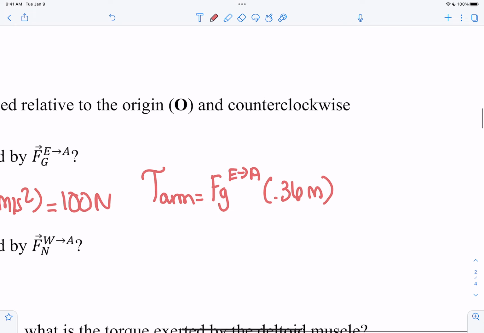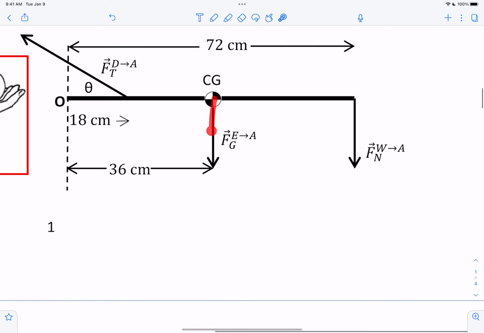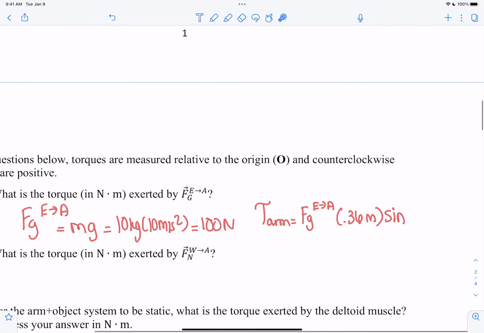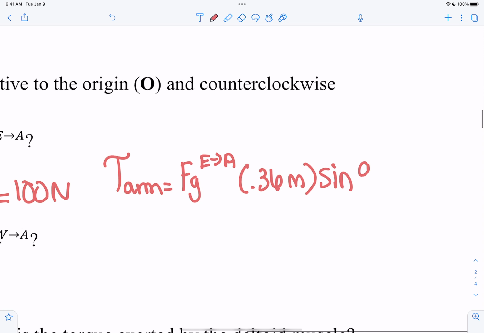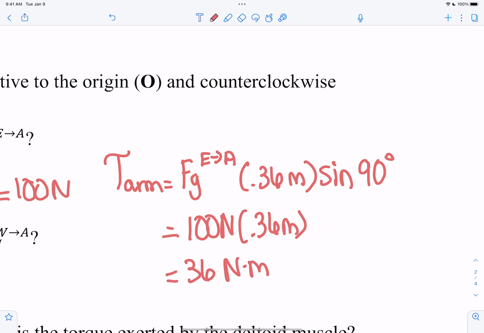And then sine phi, well, it's directed immediately downwards like this. So the angle that's sandwiched in between the radial line and the force is just a perpendicular angle here. That's going to be 90 degrees, and sine of 90 is just 1. So here would just be 100 newtons times 0.36 meters. So that should give you 36 Newton meters for your torque, I believe.